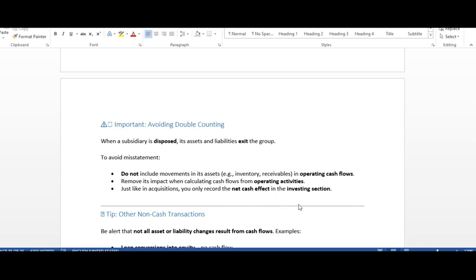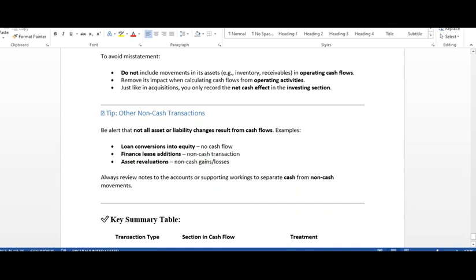Now, other non-cash transactions. Where we have other non-cash transactions, you have to take note of all assets and liability changes not resulting from cash flow.